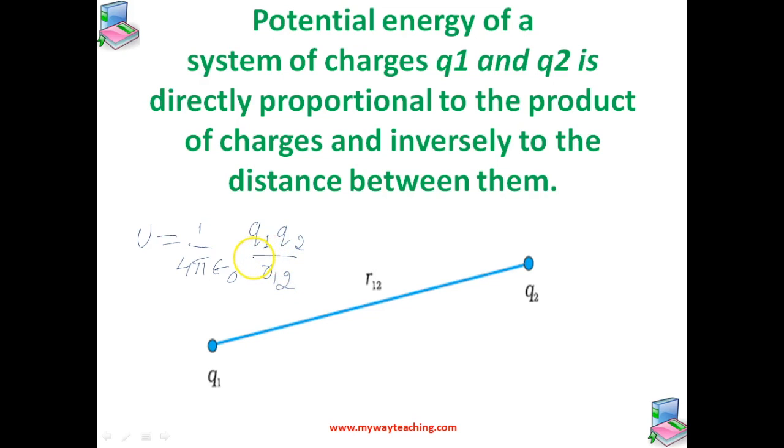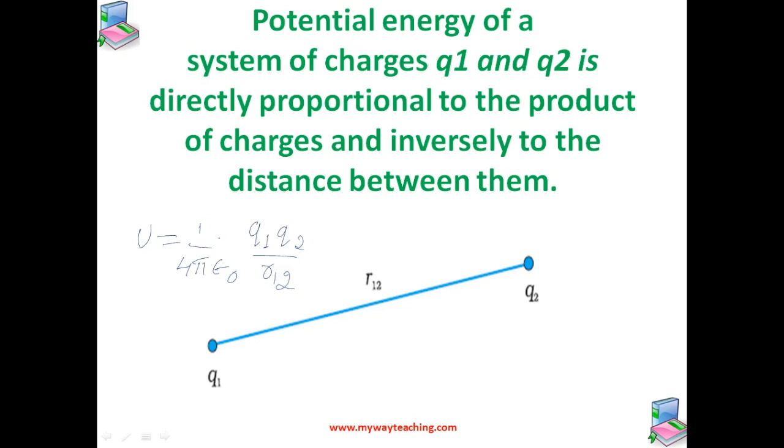If Q2 was brought first to its present location and Q1 later, then the potential energy U would be the same. The potential energy expression is unaltered whatever the way the charges are brought to the specified location, because of path independence of work for electrostatic force.